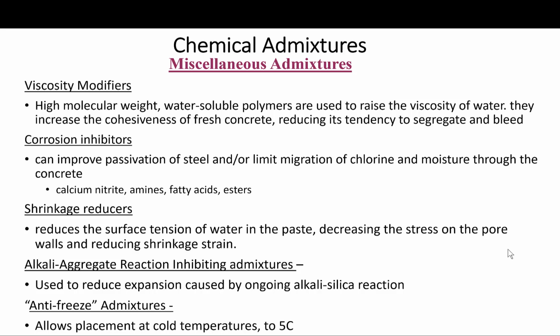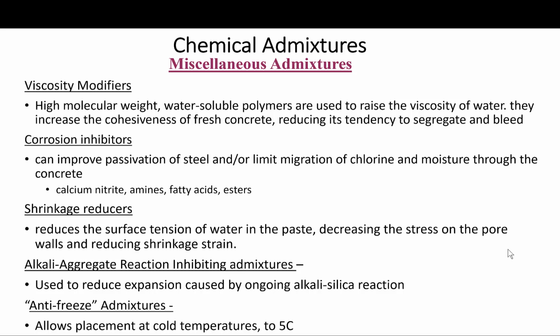So the first category is the viscosity modifiers. These are high molecular weight water-soluble polymers which are used to raise the viscosity of water. They increase the cohesiveness of fresh concrete and reduce its tendency to segregate and bleed. We can do this with other admixtures, but nonetheless, this admixture exists. We have the corrosion inhibitors.